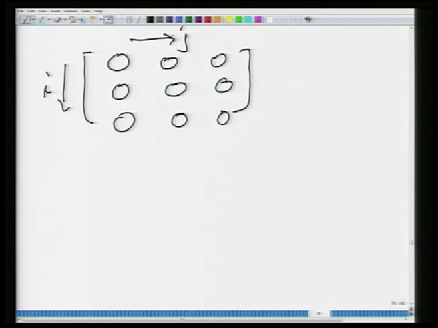What I find is that this element and this element are close to 1. Okay. Then what we say is you should be pairing output 2 with input 1, output 1 with input 2, output 3 with input 3. This is the recommended pairing from the relative gain array.